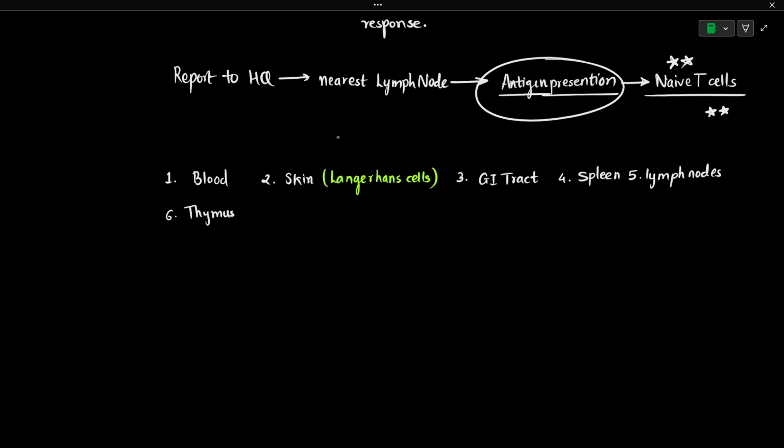So the dendritic cells also have a capacity for phagocytosis. So they are also phagocytic cells. But they have less phagocytic activity compared to the macrophages.